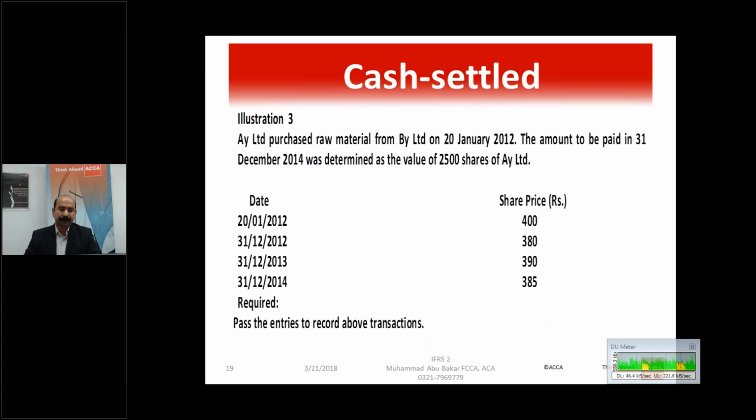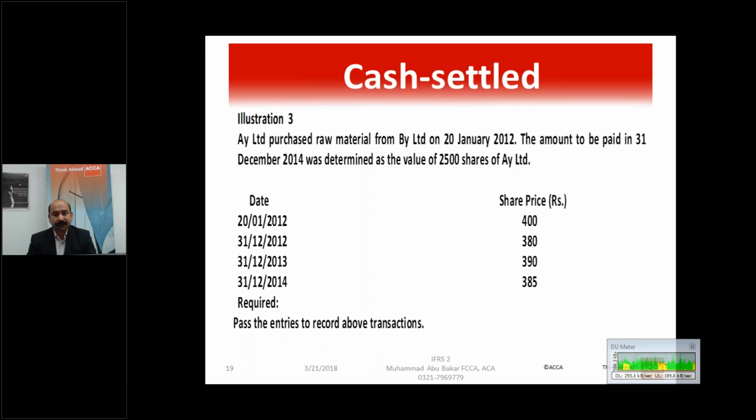The example is, A Limited purchased raw material from B Limited, on 20th January 2012. The amount to be paid on 31st December 2014 was determined as the value of 2,500 shares of A Limited. The amount will be paid in cash on 31st December 2014. But how much? Value of 2,500 shares at that point in time.